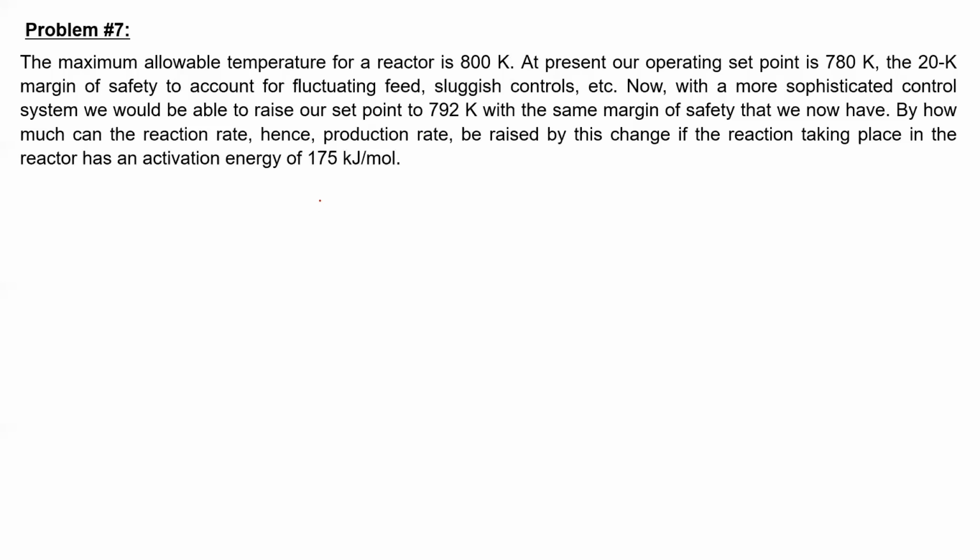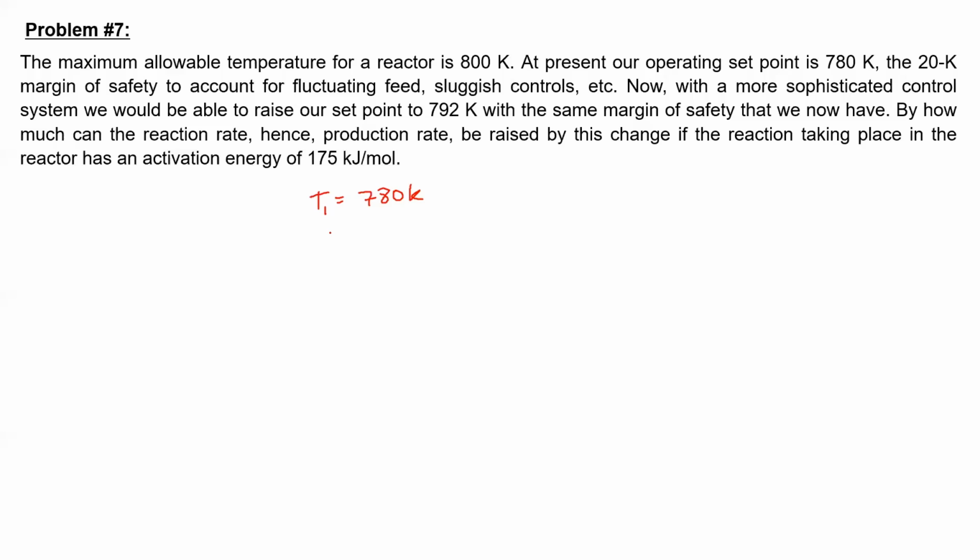Okay, let's write out our givens. So I have a maximum allowable temperature 800, however, we're operating at 780. So our initial temperature of operation is 780 Kelvin. This gives you some buffer to reach the maximum operating temperature.